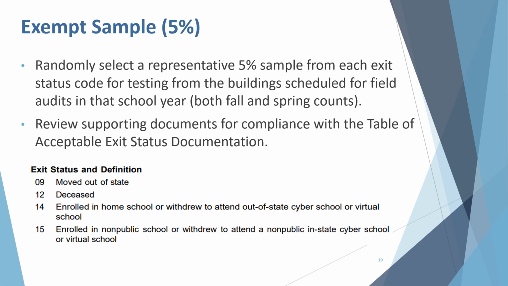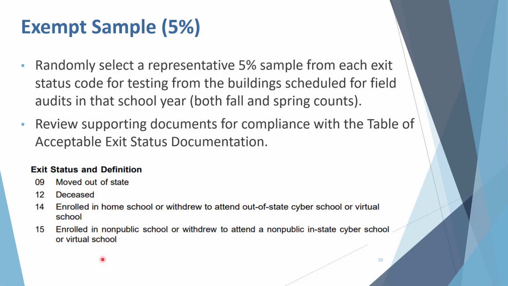It is also expected that auditors pull 5% of any students or UICs that were listed with an exempt cohort status. That does include the following exit codes provided in the screenshot here. Again, it would be a random selection, and ideally you would select a UIC from each exit code being reported.